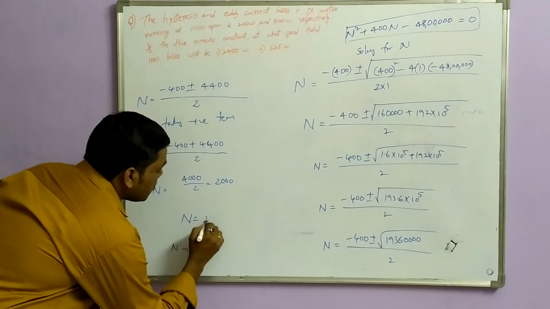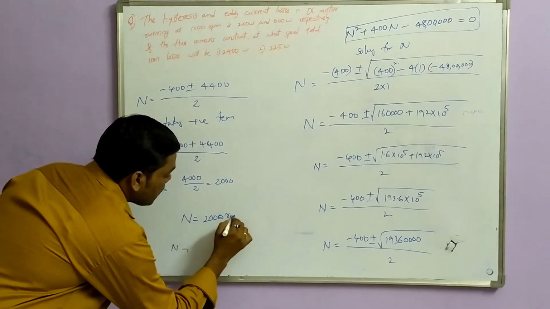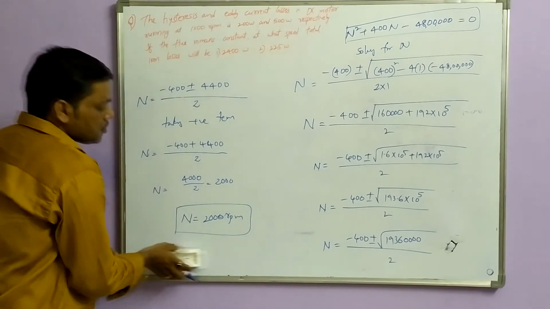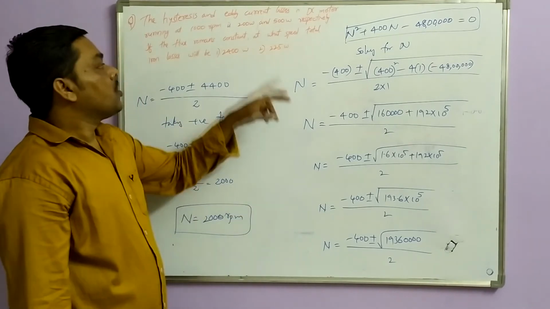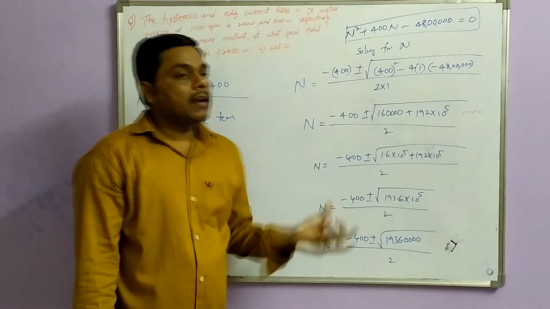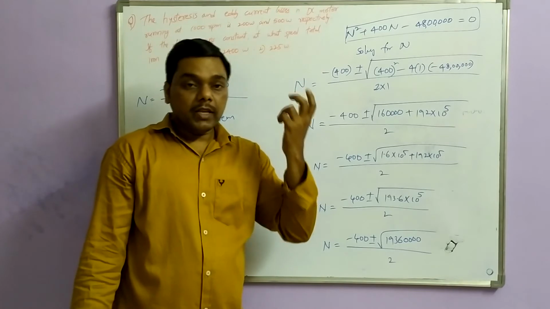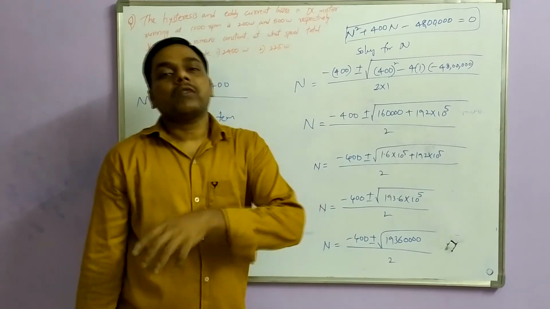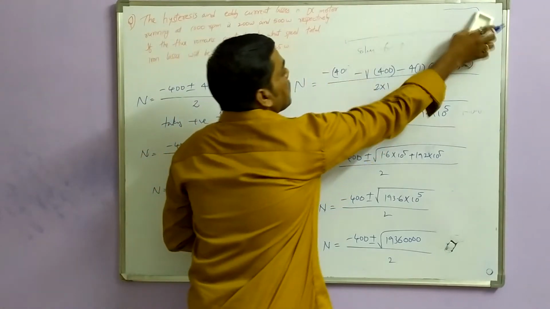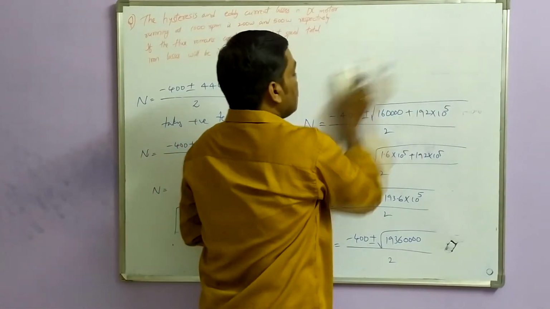So n value will be 2000 rpm. Now if n value is 2000 rpm for 2400 watts, so what will be the iron losses, and what will be the hysteresis losses, and what will be the eddy current losses, we will calculate. So this is the simple quadratic equation solution.